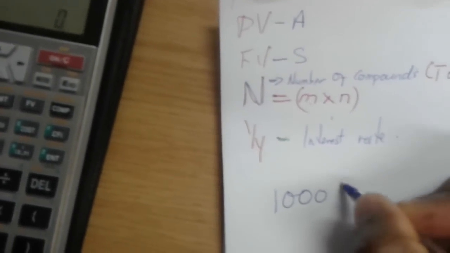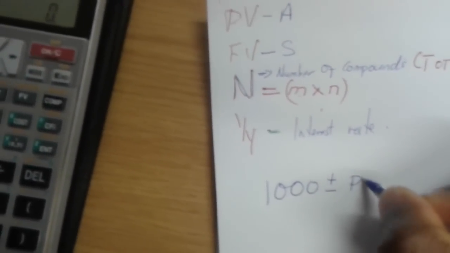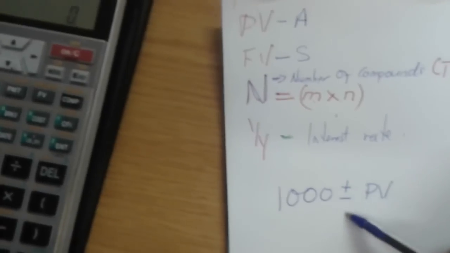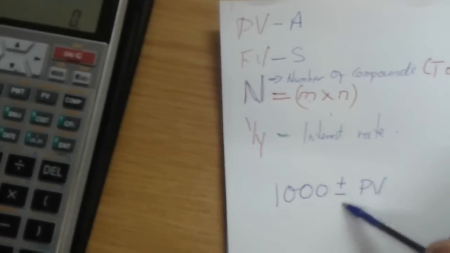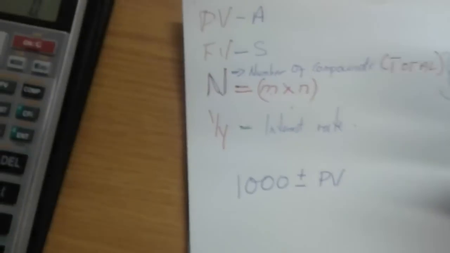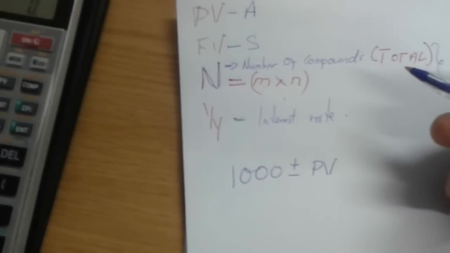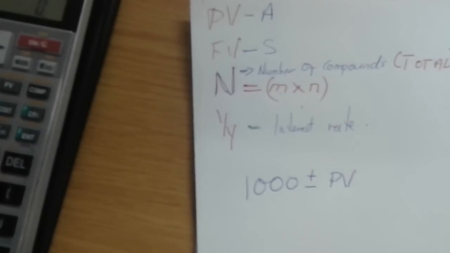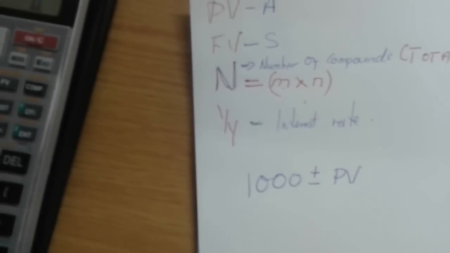Let's now put it in our calculator. So we're going to say 1,000 plus minus present value. On the use of the plus minus, sometimes it doesn't really matter, but normally I prefer to use this when I'm taking money out of my pocket. You'll see some people, even for FV, also use plus minus. But it all depends.